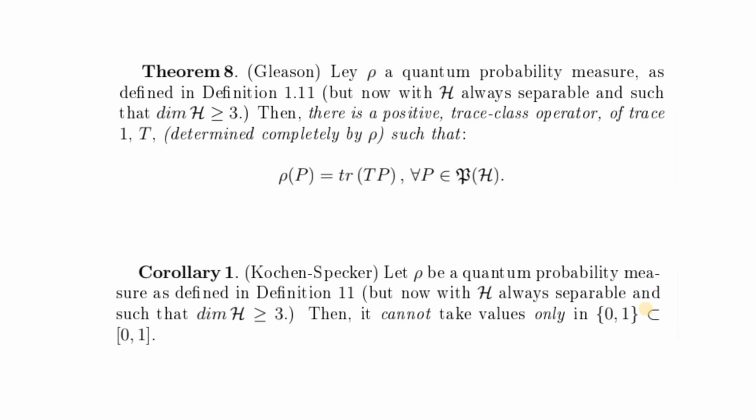The position is either 5 or it isn't 5. But what this is telling us is that in quantum probability this can't happen anymore. You will necessarily have intermediate values for the probability.